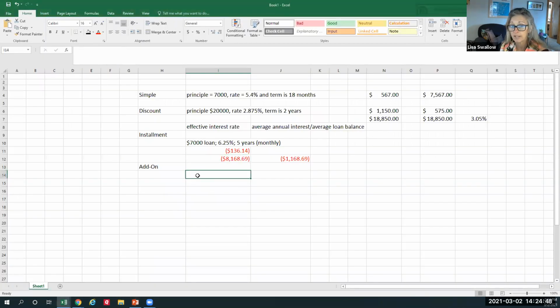Let's do the same example here. So principal times rate times time. Do that first. What would be your interest on this one up here, and then divide by the number of payments? And we'll get a number that's different from 136.14, right?